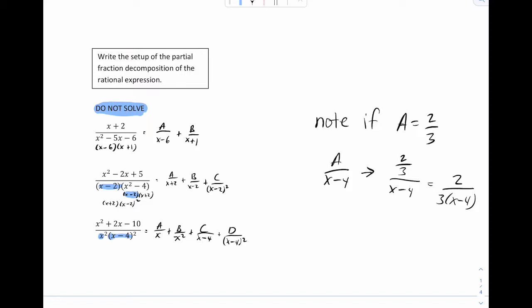Essentially, you can think of this thing as 2 over 3 times 1 over x minus 4. That's the same thing. But you'll have to leave it like this. This is not simplified because you can't have a complex fraction here. So this would be our final answer. So this is what you do in the event that you do get a fraction.